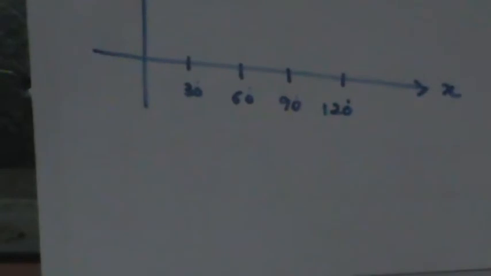I'll draw the graph first, and then expand the graph from 0 to 2π. So you know that the period of this graph is equal to 2π by b. Here b is equal to 1 because the coefficient of x is 1, so the period will be 2π. So the period of this graph will be 360.